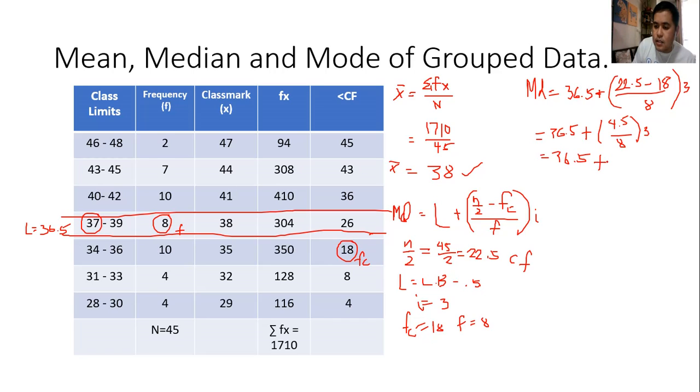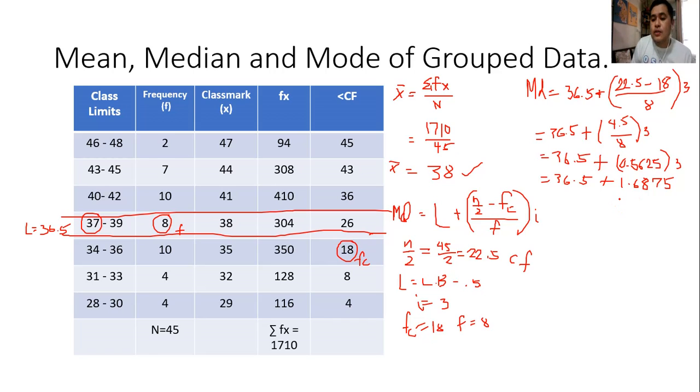So we have 36.5 plus, okay, 4.5 divided by 8 is 0.5625. I already pre-computed that. Then, of course, multiply this by 3. Okay, so 0.5625 times 3 is 1.6875.